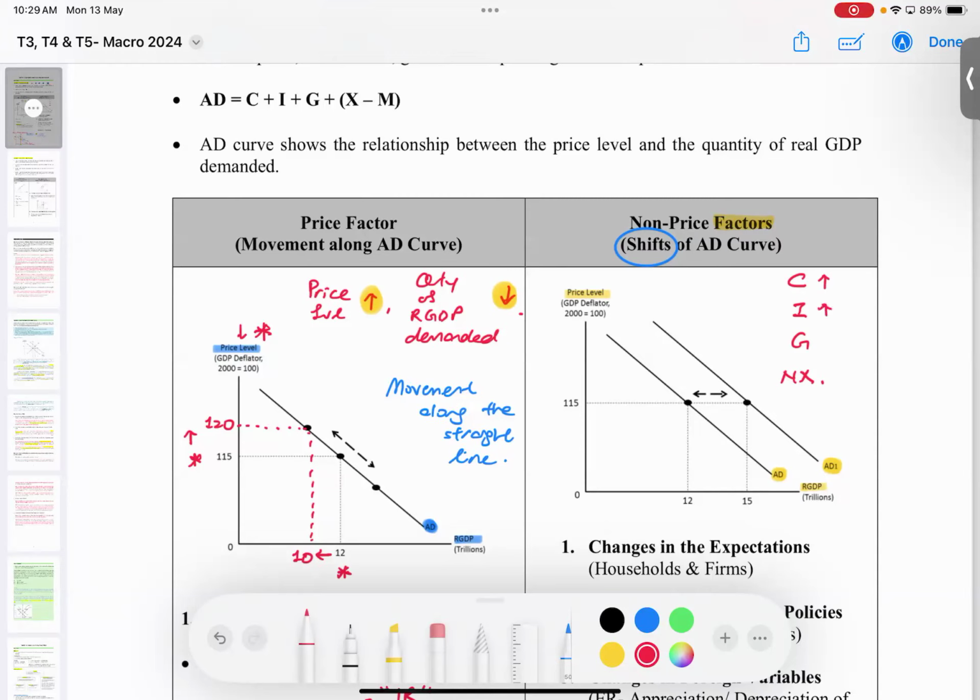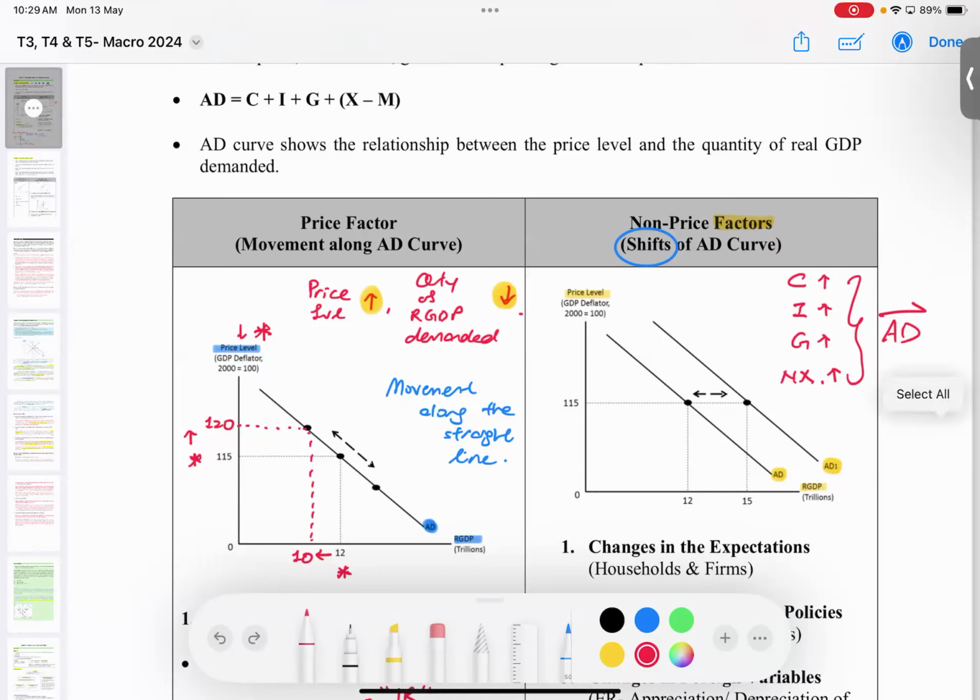Government wants to use some expansionary fiscal policy by injecting money into the economy, so government starts to spend more, or there are more net exports in the country. All this, as long as it increases, will cause the aggregate demand curve to shift rightwards. Vice versa, if any of these components decrease, then it will shift the aggregate demand curve leftwards.